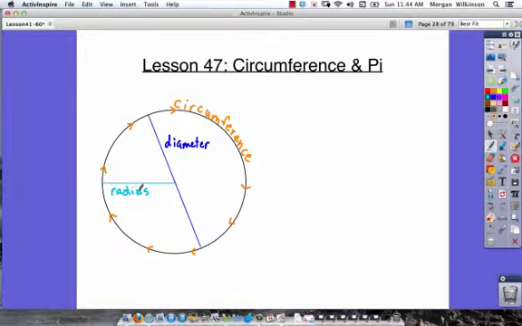Now we can tell that if we have the radius twice, we must get the diameter, because the radius is half of the diameter. The circumference has a formula to help us figure it out. The circumference is always going to be equal to the diameter times pi.